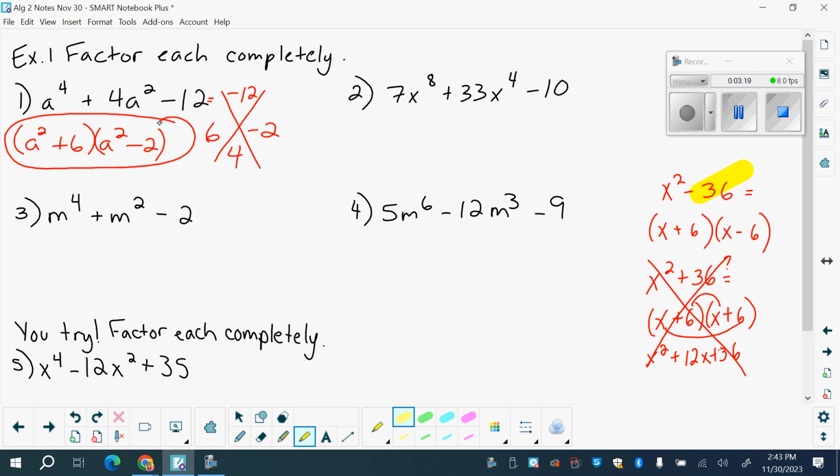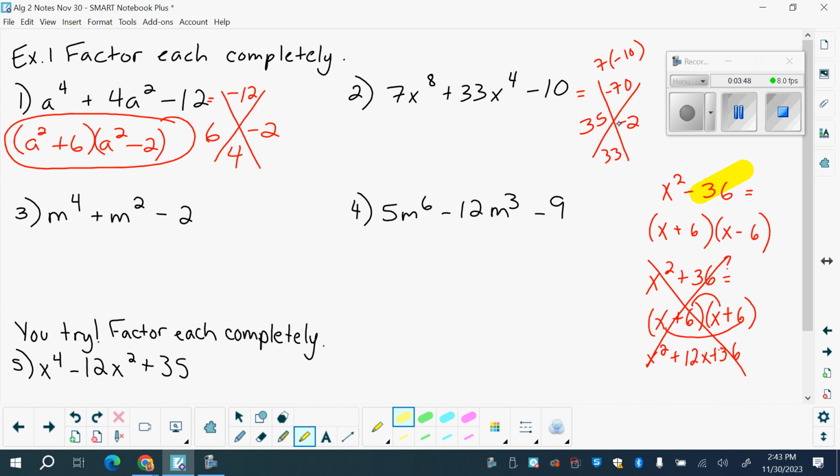Okay, so now we're going to do the same thing here. So what number goes up on the top on this one? Good. We have to take the 7 times the negative 10, negative 70, and then what multiplies to negative 70 that adds to 33? What about our signs on that 35 and 2?